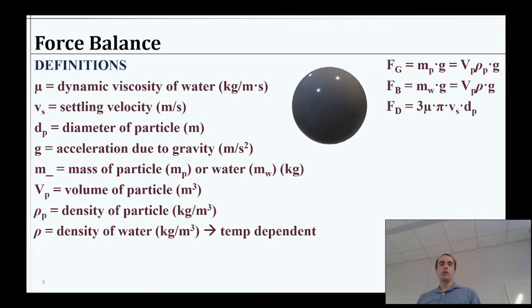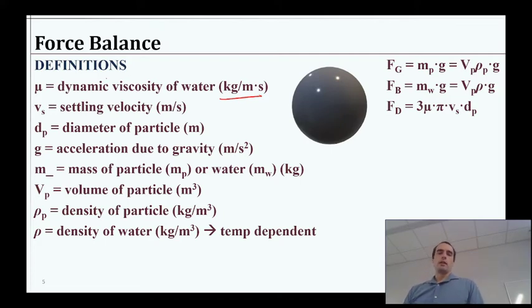Okay, so all these are written out here. The mu is the dynamic viscosity of water. All of these units are written out as we need to use them. Of course, sometimes you will not be given a particle diameter in meters. You'll be given, let's say, millimeters or micrometers, and you'll need to convert to meters.